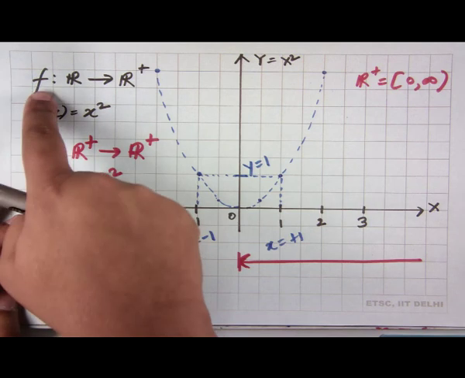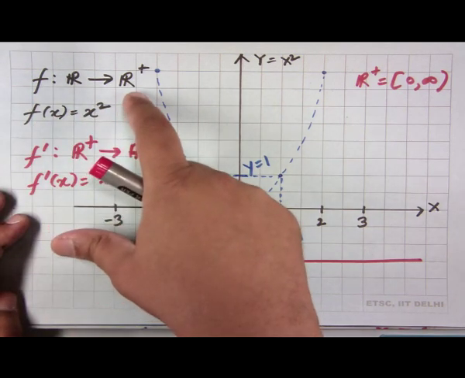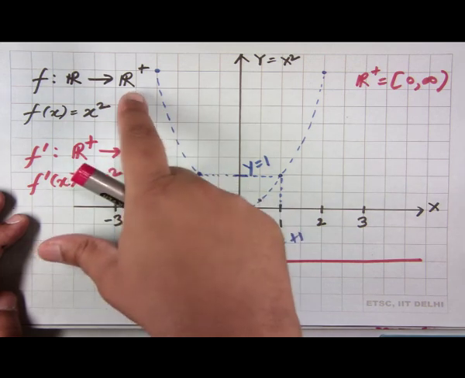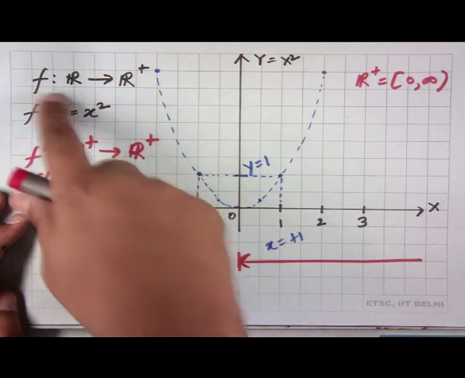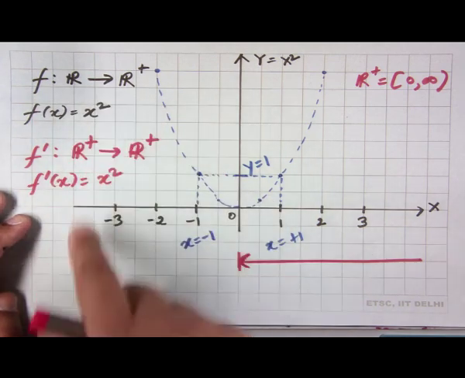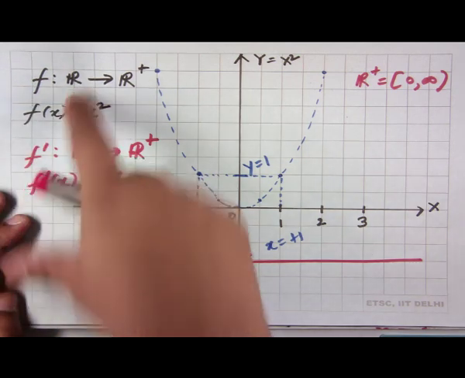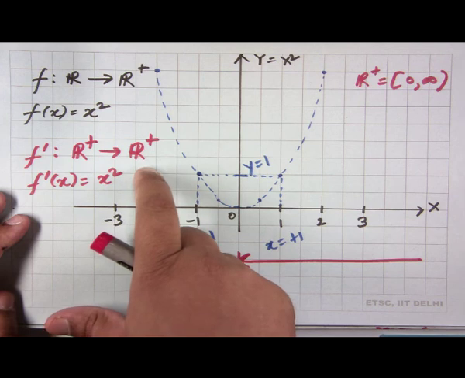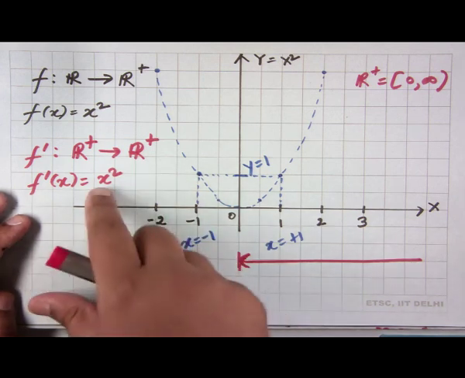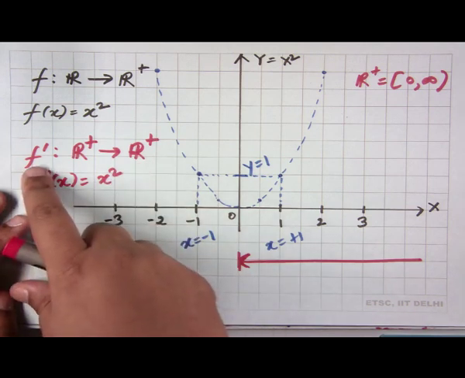Earlier the range of the previous function f was r plus, because f x equal to x square, and since x square can only be non-negative, the range of the previous function was r plus. Even now, when we restrict the domain of this function f from r to r plus, the range will still be r plus, because all non-negative numbers will be in the range of this new function f prime.